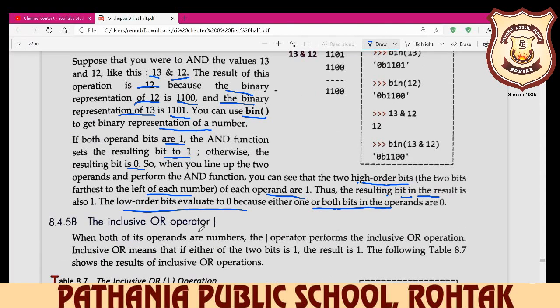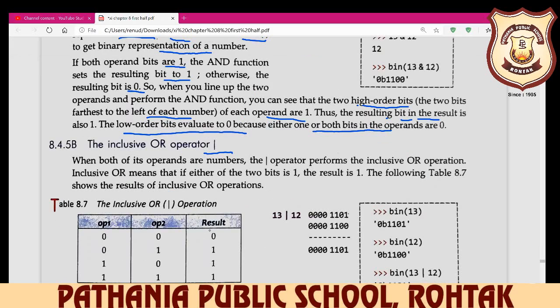The inclusive OR operator, and the sign used for this is the bar sign. When both of its operands are numbers, the bar operator performs the inclusive OR operation. Inclusive OR means that if either of the two bits is 1, the result is 1. Only when both are false do you get the 0 value, otherwise every time you get 1.